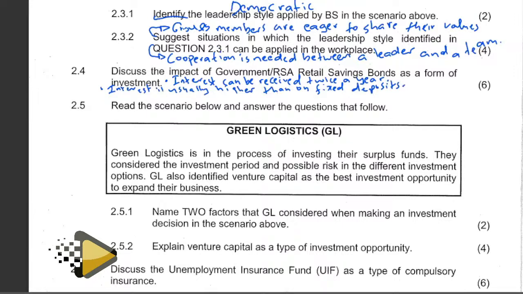And also we said that retail bonds are not freely transferable amongst investors.